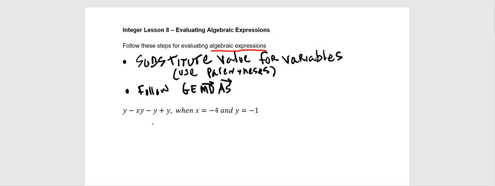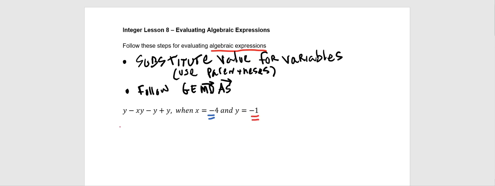So to start with, and for our first example for practice, we're going to be provided the expression y minus xy. Now don't forget, xy means x times y, minus y plus y. So any place I see an x, I'm going to substitute -4. Any place I see y, I'm going to substitute -1.